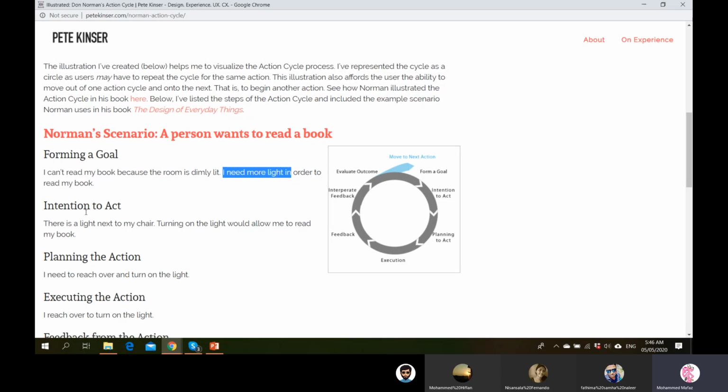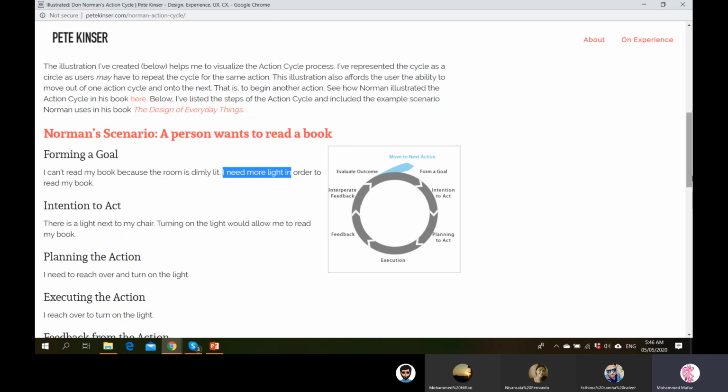Now, second stage is intention to act. There is a light next to my chair. Turning on the light would allow me to read my book. Okay, so this is the intention, the feeling that he gets. He already knows there is a light next to him, so if he turns that on, he'll be able to read. So that is the intention.